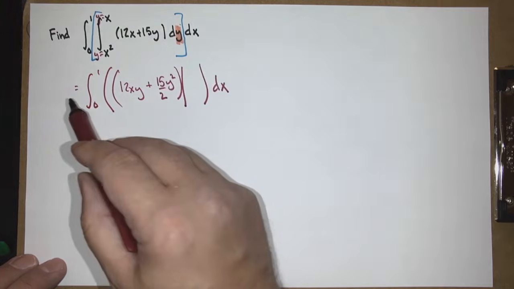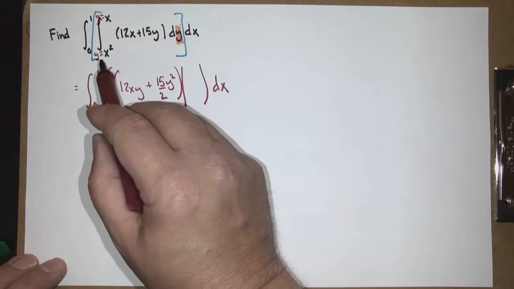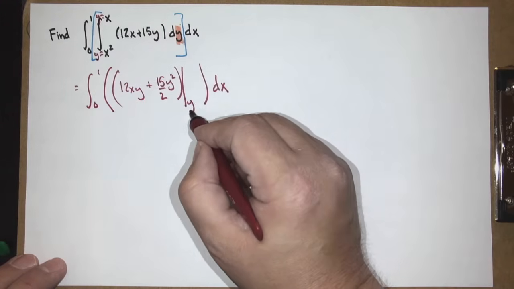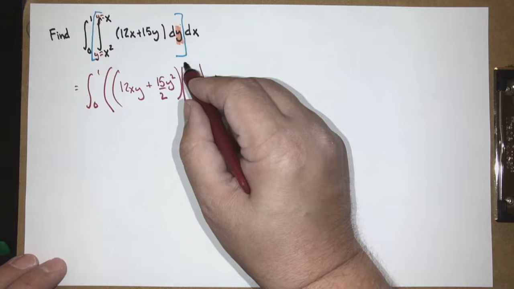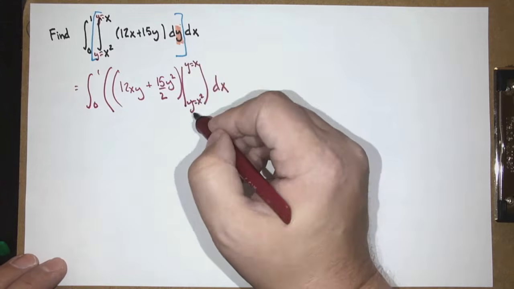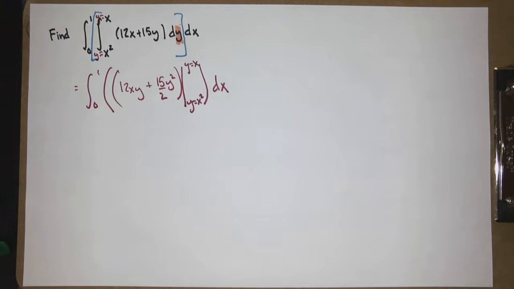So we have to complete the whole process before we go to our next integral. So we're evaluating y equals x squared, y equals x. I like to put the y equals just to help me remember what I'm plugging in. Because sometimes it can be easy to forget, especially once we get to triple integrals, which we've mentioned are coming.